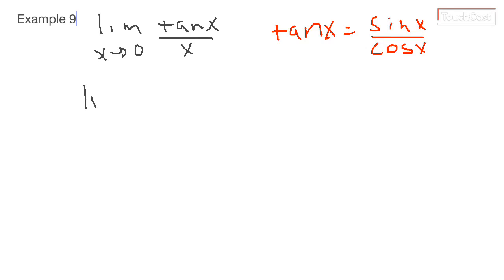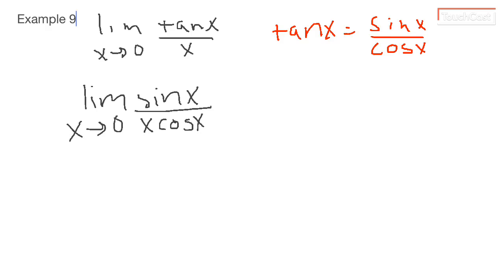We're going to have the limit of the sine of x over x times the cosine of x as x goes to 0, where this sine part right here and this cosine part are from replacing tangent of x with sine x over cosine x. This x in our denominator is still the original x that was in our denominator.